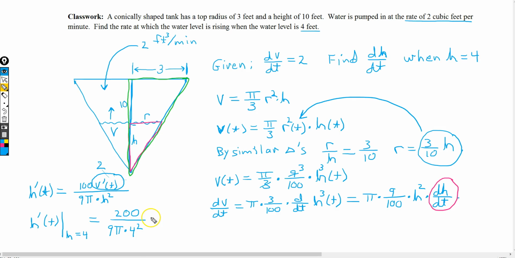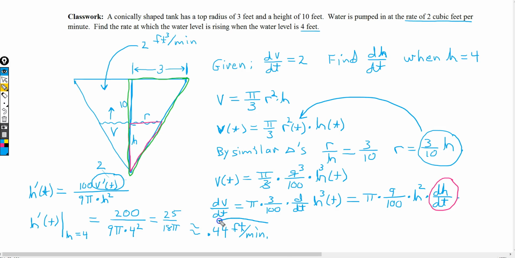And simplifying that, we get 25 over 18 pi, which is approximately 0.44, and that will have units of feet per minute, because everything up here was given in terms of feet per minute in the original problem.